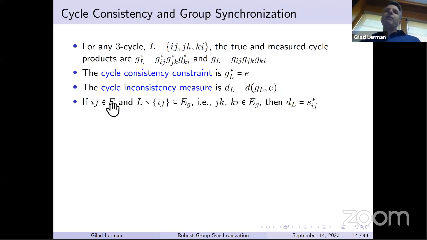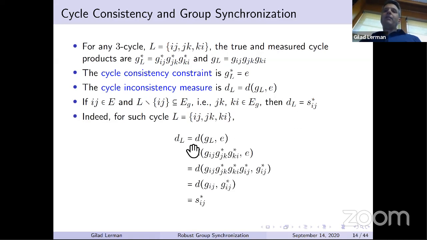So what is the relation? If you fix a certain edge in a cycle in the following way, such that the other two edges in the cycle are good, then the cycle inconsistency measure is indeed equal to the corruption level. It's actually easy, and let's see why. Indeed, the cycle inconsistency is this distance. Now, the cycle product can be written as follows, because we recall that jk and ki are good, so we get the ground truth information.